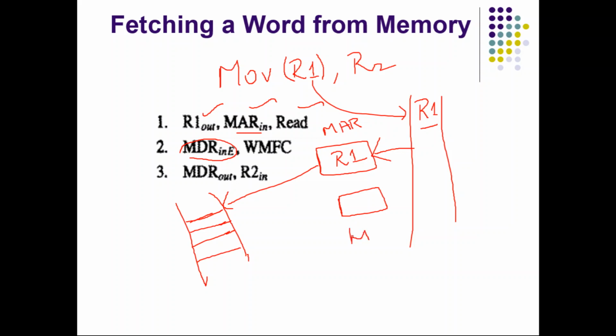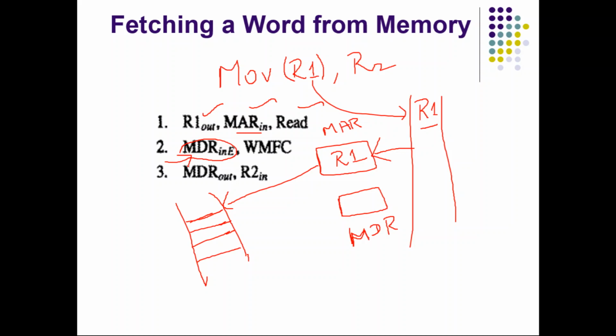But see, only after receiving MFC, memory function complete, should MDR in E be activated, right? But here we are activating MDR in E first. Why are we doing it like this?